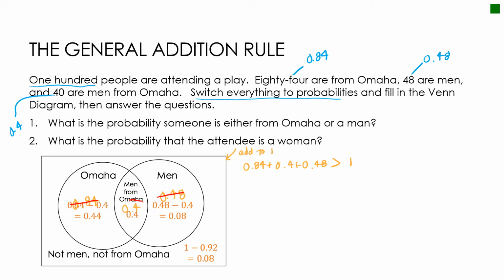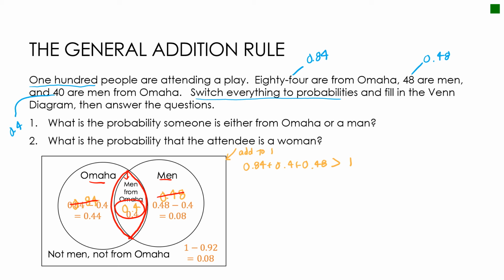Now the good news is I can use this value. And essentially that's where I typically start, is to start in the middle and say, okay, 40% are men from Omaha. Now, typically, you are not going to see this label in here. I wrote that label just so we could understand that that's what we're dealing with. We know that because this is the area that is in both Omaha and men, the intersection must be men from Omaha.